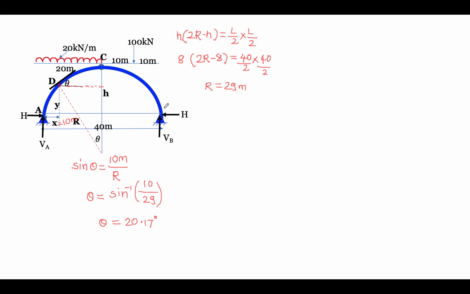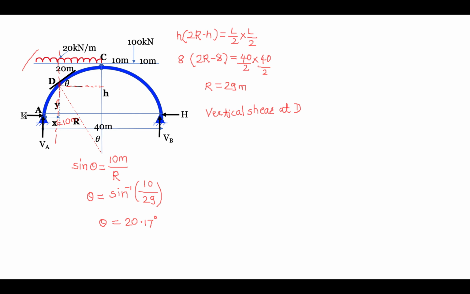Now let us find out the vertical shear at point D. Just see what forces there are at point D. Consider a line at D and see what forces are on the left side.